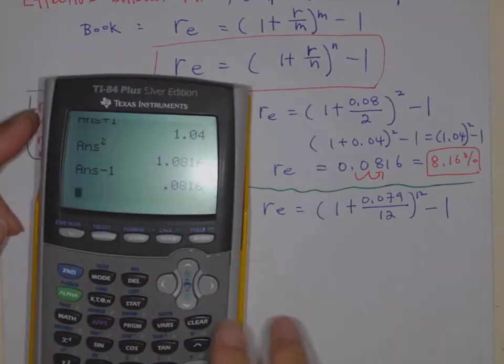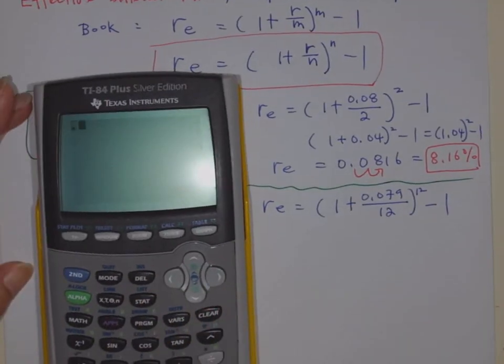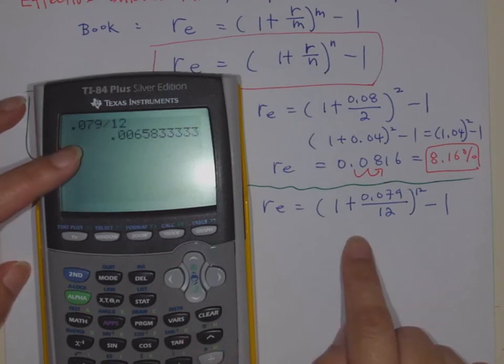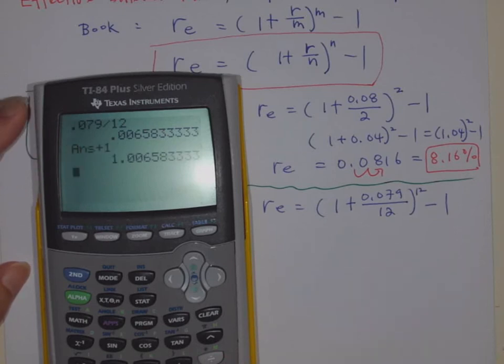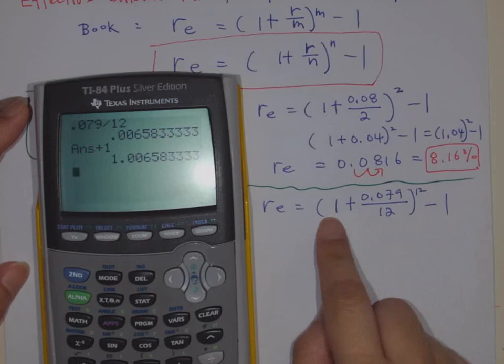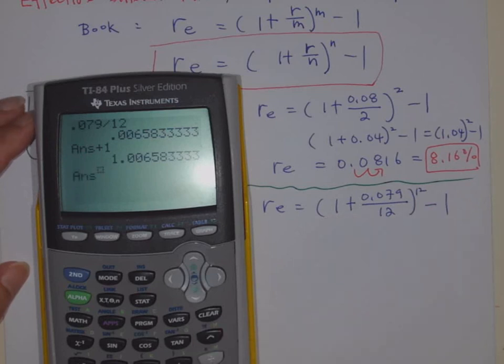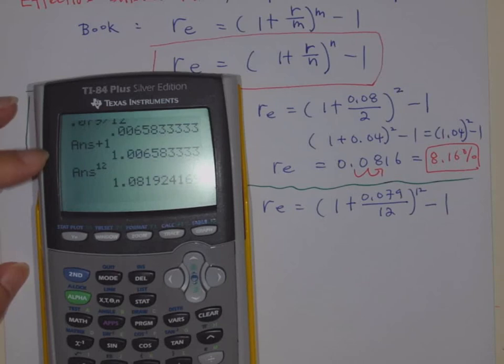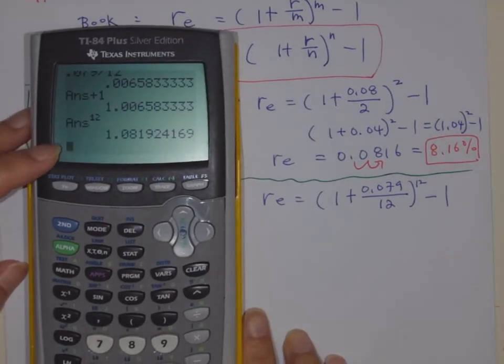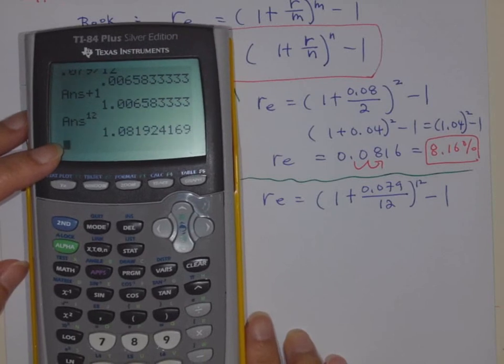So let's see. 0.079 divided by 12 is this long number, and then I need to add 1, right? So add 1 and then raise to the 12th power. I didn't want to write it down because I'm not supposed to round until the last step, and I need all the decimal places. Then I need to subtract 1.